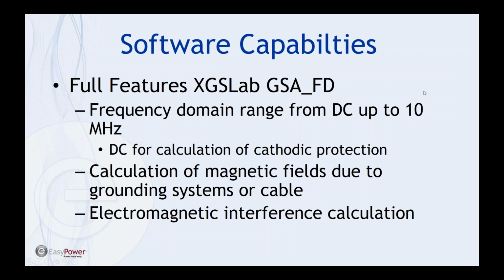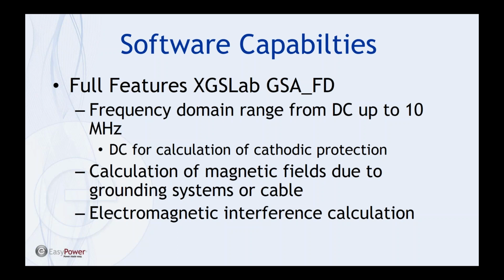More full features of that second level module: again, we can do frequencies that aren't just power frequency. Generally, the range is up to about 10 megahertz with some accuracy. You can use it for DC calculations for cathodic protection.